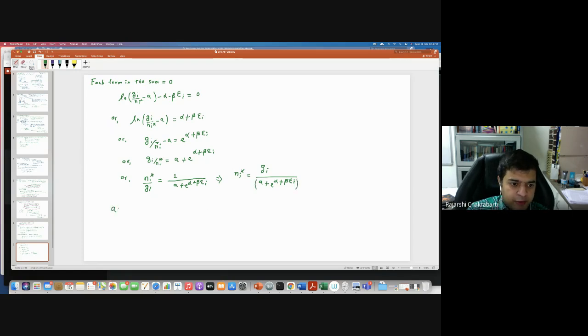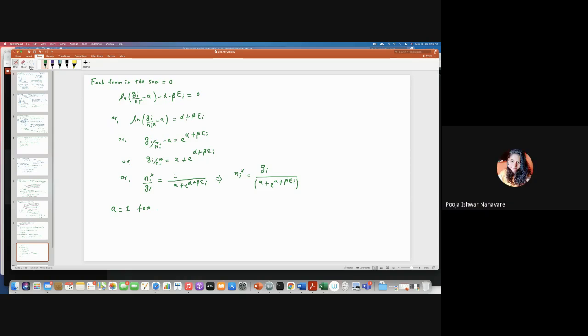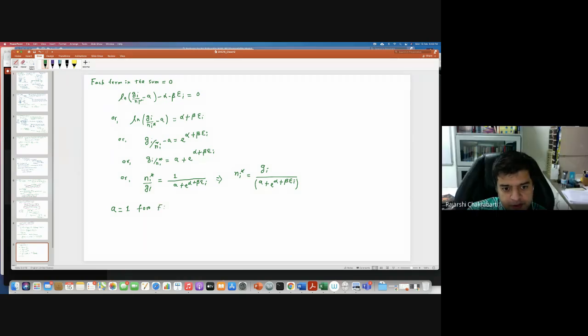Now a equals 1 is for which one? A equals 1 is for Fermi Dirac. So ni star Fermi Dirac is equal to gi divided by 1 plus exponential. And a equals minus 1 is for Bose-Einstein, isn't it?